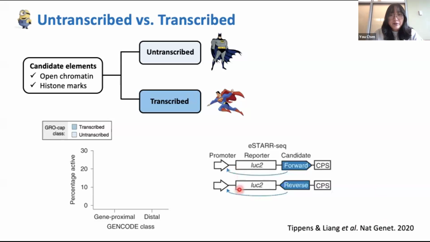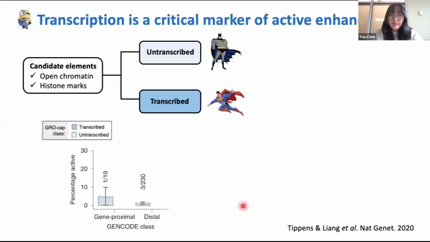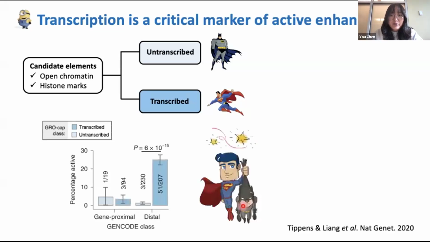Then we used an episomal assay, E*-seq, to quantify enhancer activity of these candidate elements. We can see that untranscribed elements had very little enhancer activity, while the transcribed distal elements displayed a much higher activity rate. These findings demonstrate that transcription is indeed a critical marker of active enhancers.